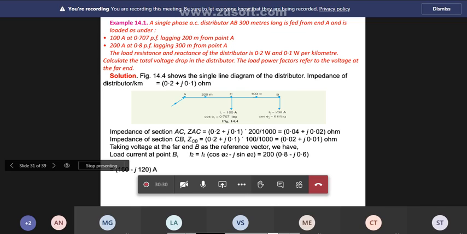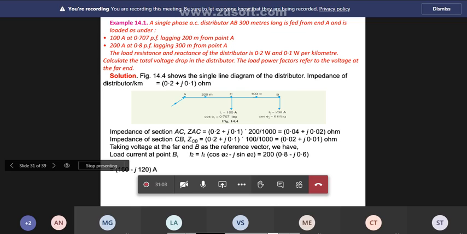Just observe, they gave the distance in meters, a 300 meter distributor, but they gave resistance per kilometer. So we have to convert kilometers into meters. Impedance of section AC, Z_AC, is 0.2 plus j 0.1. What is the distance? 200 meters by 1000, that is in kilometers. So that is 0.04 plus j 0.02 ohms, right?